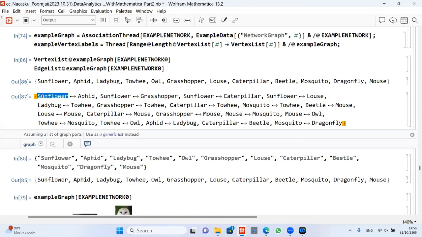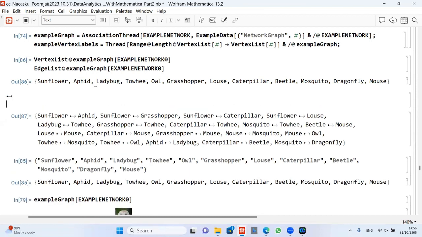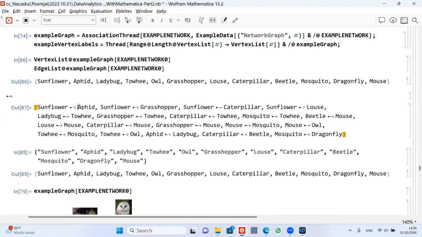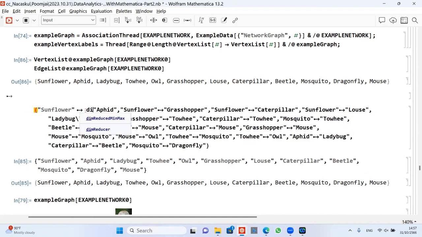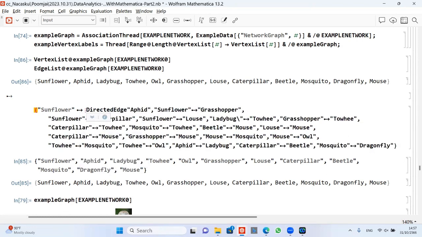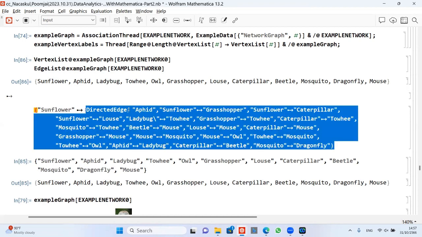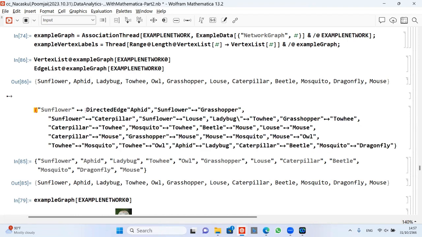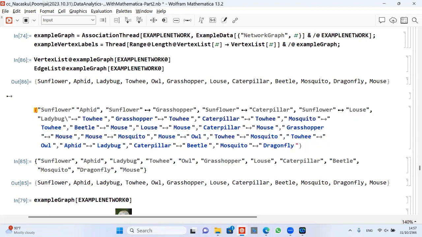And this is the list of edges. Okay, so how do I draw it?